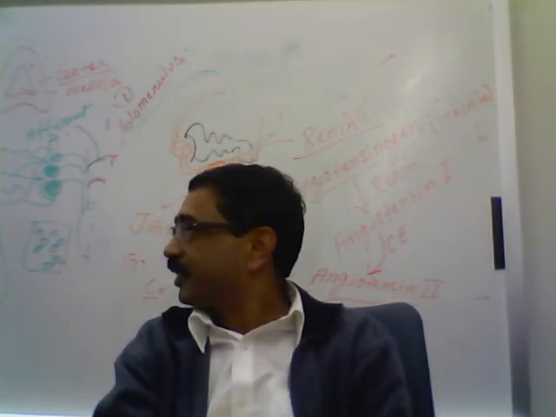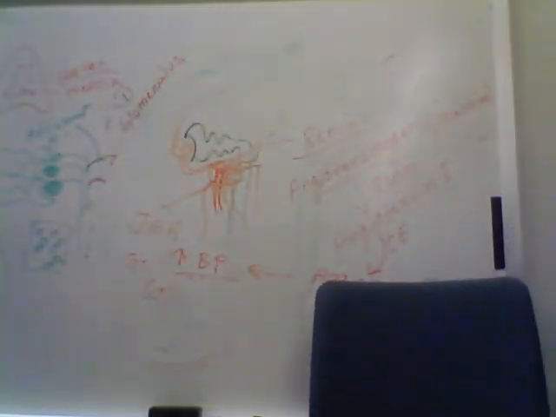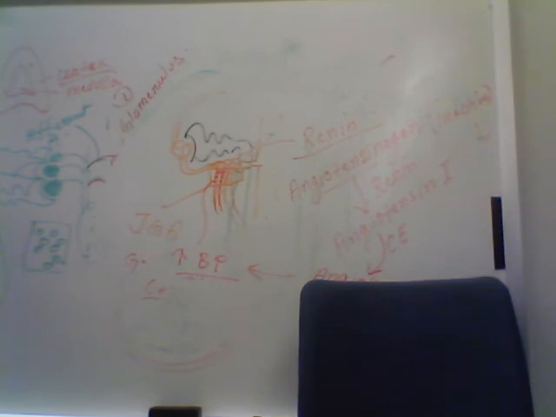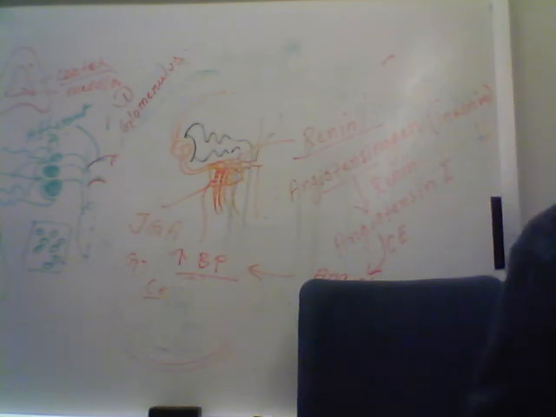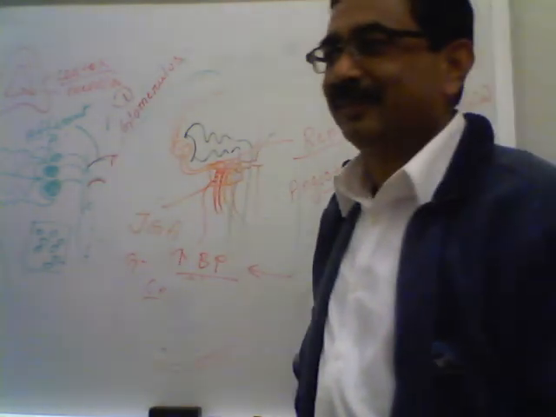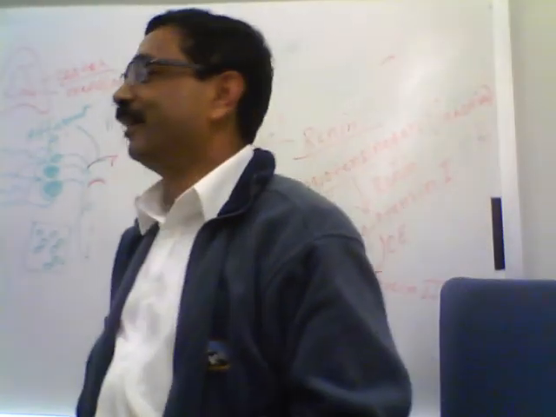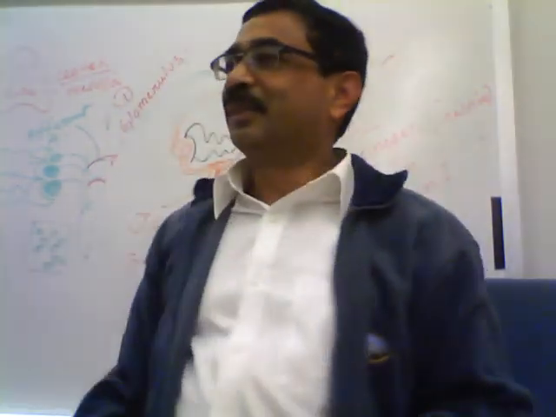Here, this is the cross section. You see the afferent arteriole, glomerulus, efferent arteriole, and this is the tubule. And these two parts come close to each other in the juxtaglomerular apparatus. And these are the granular cells. They release what? Renin.